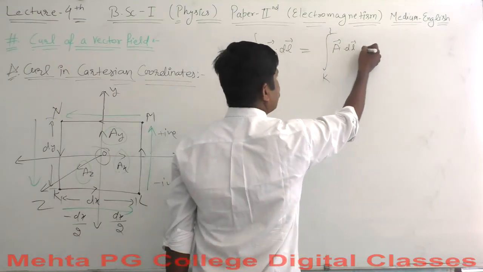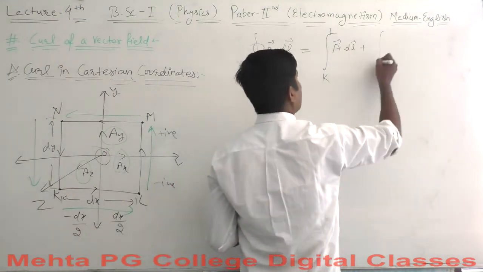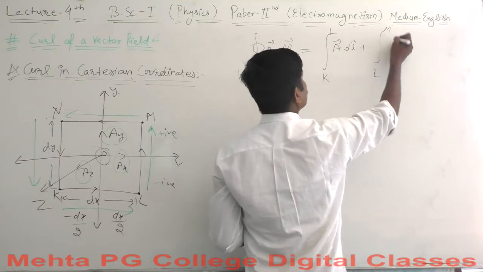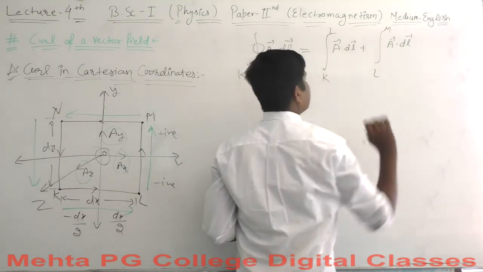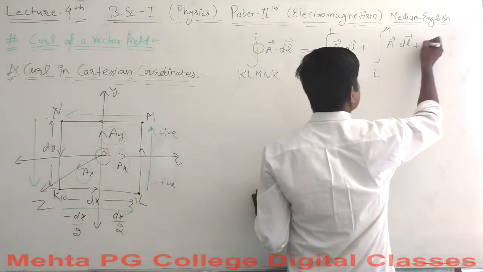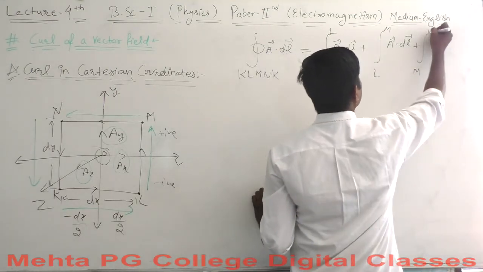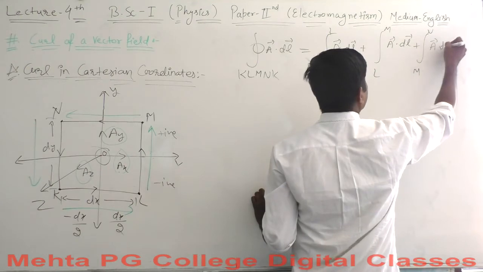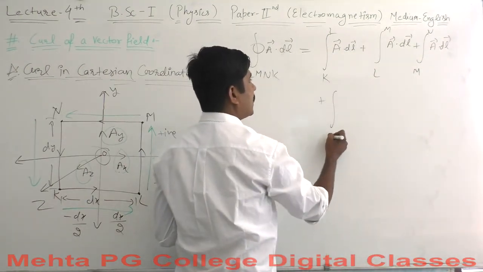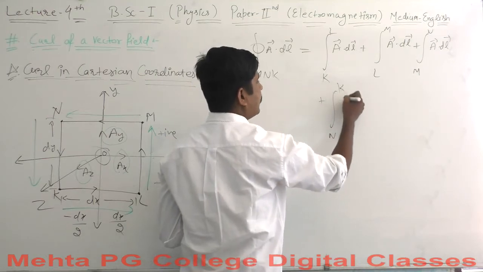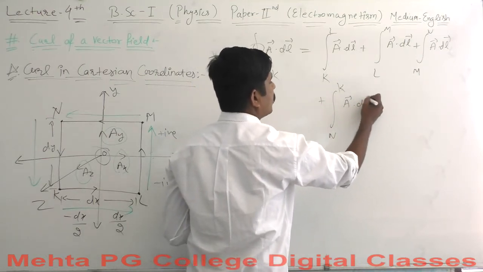A dot dl, plus along L to M A dot dl, plus the component along M to N A dot dl, plus the component along N to K A dot dl.